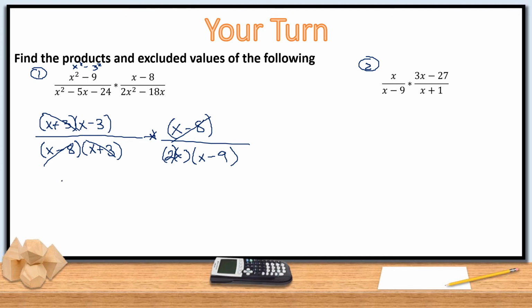So we're left with x minus 3 all over... looks like nothing canceled on the other side, so we just got 2x squared minus 18x again. Excluded values, we've got +8, -3, 0, and 9. So 0 in here, 9 in here, -3, +8.